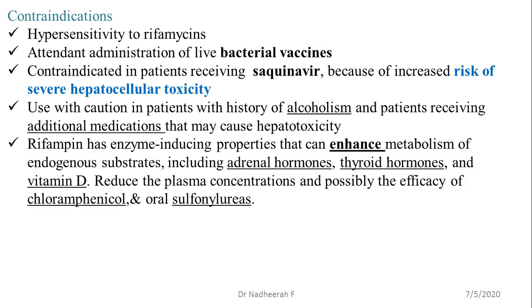If the enzyme is induced, metabolism increases, and this converts endogenous substances such as adrenal hormone, which is the most important hormone, and thyroid hormone, which regulates the metabolism of the whole body.